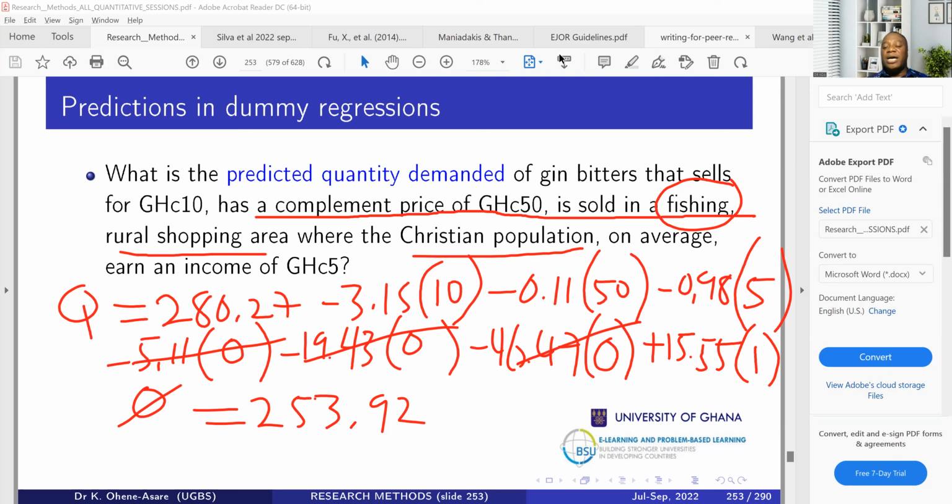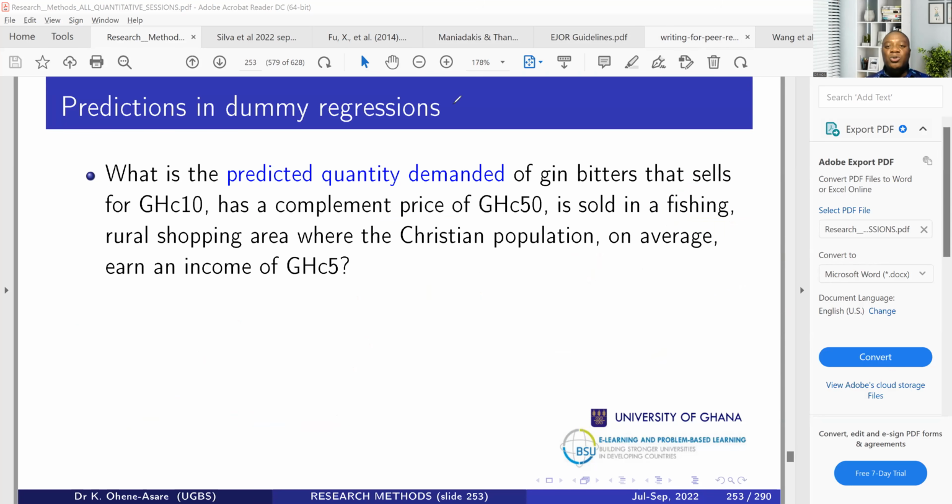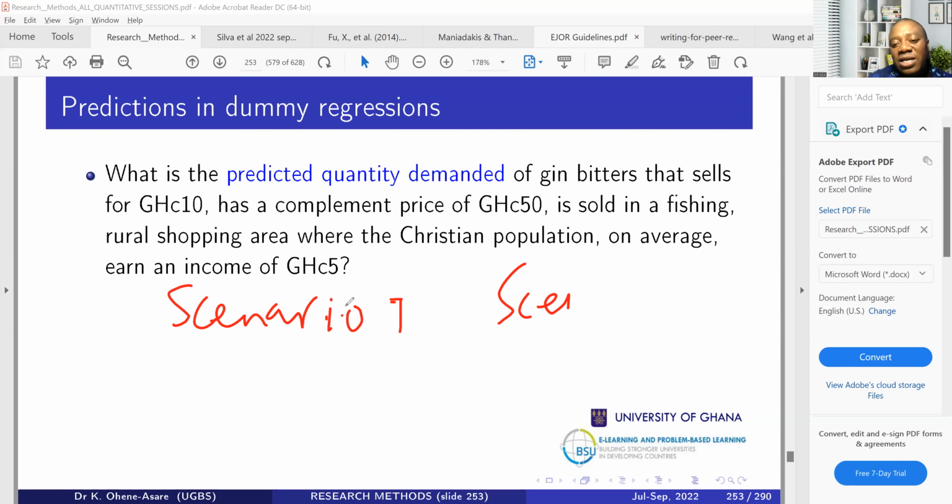I can ask you that, this time I want you to look at 2 scenarios. In the first scenario, the people are this, that, scenario 1. In the second scenario, the people are rather this, that, scenario 2.